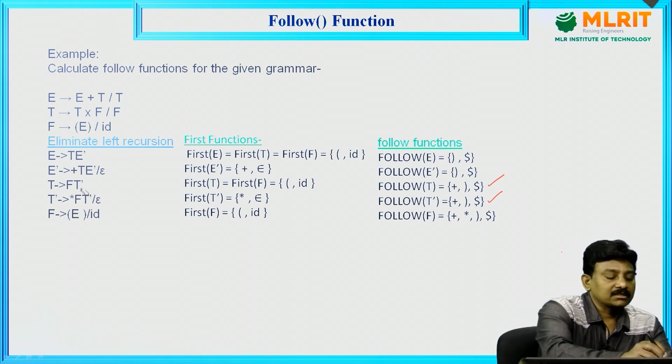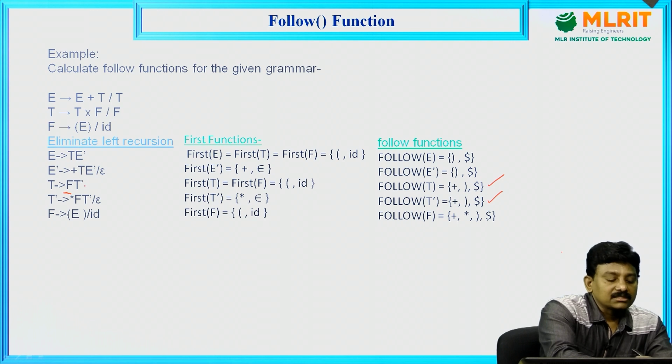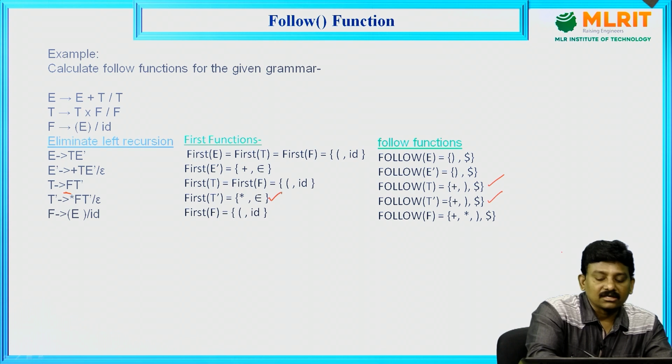Finally, F. T dash is following F, so follow of F is first of T dash, which is star and epsilon.